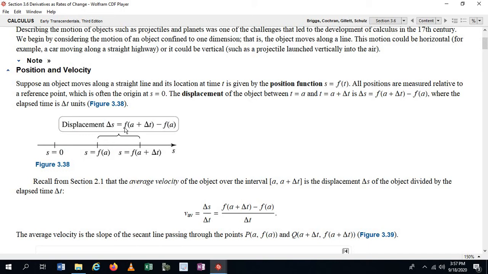In other words, f evaluated at a plus delta t minus f evaluated at a gives us this displacement of the object, which we denote with delta s. Delta stands for change in, so that's a change in position. That's known as the displacement of the object during this time period.